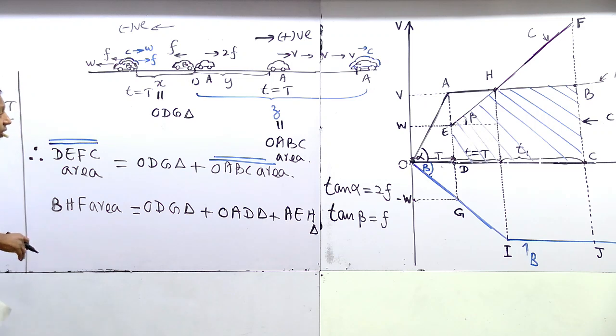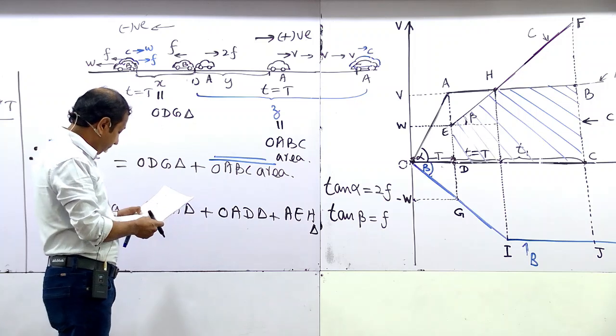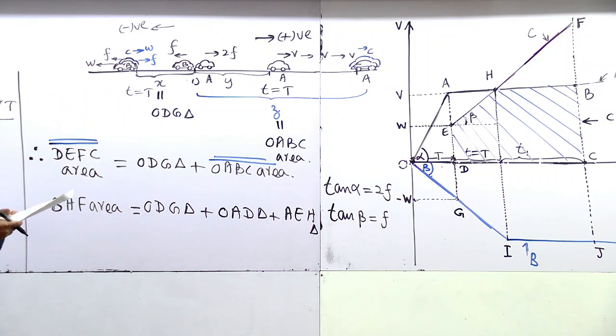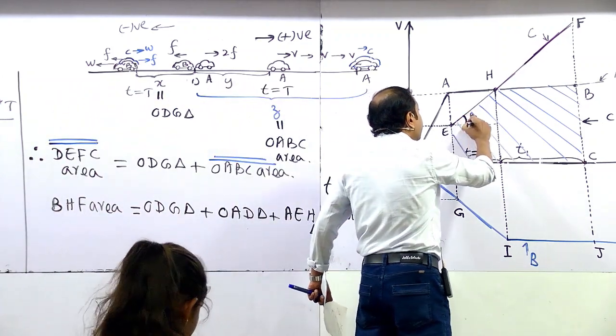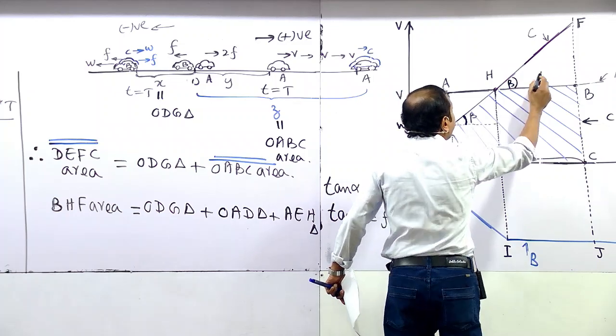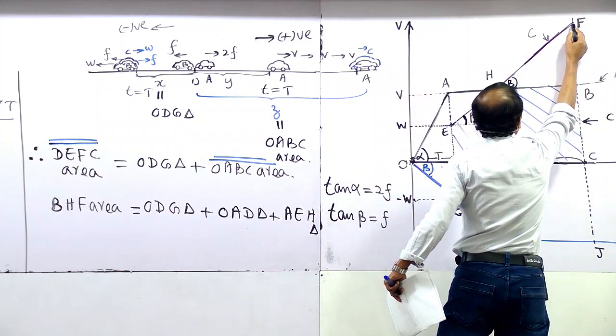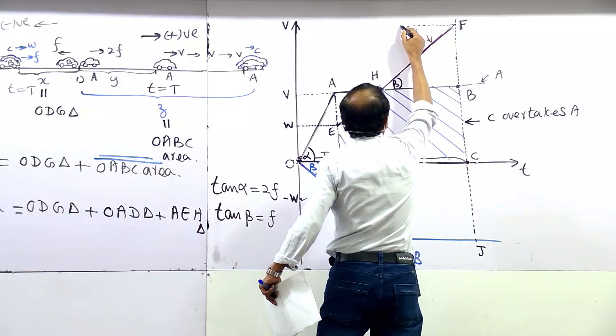Right. Now we will write the equations for this. Now you know this angle beta, therefore this is also beta. To find this area, we need this height.